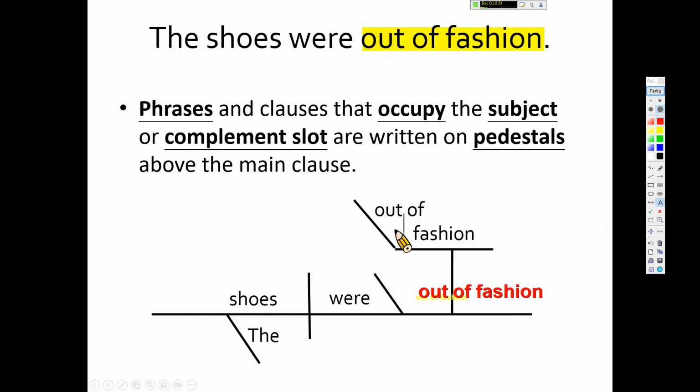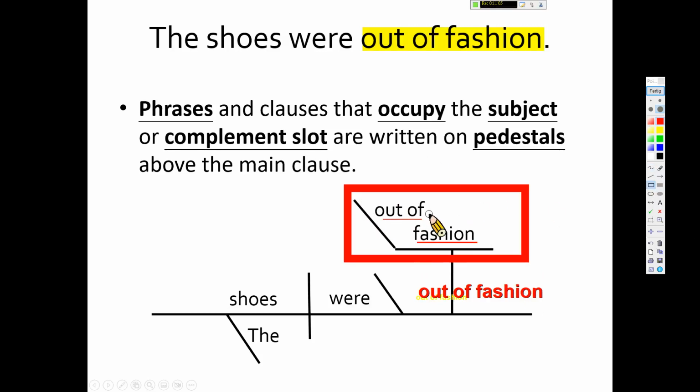So the prepositional phrase has to be lifted up over here, and fashion over here, and you put the components of the prepositional phrase, treat it as an adjective, a subject complement. So this is a pedestal, and you put it up there.